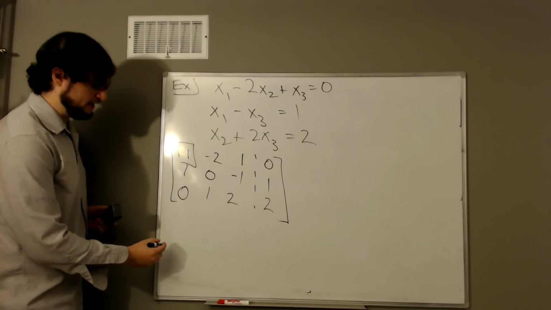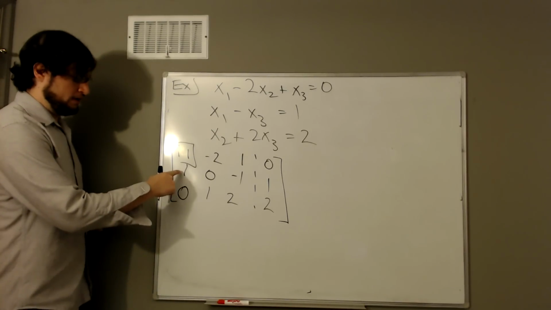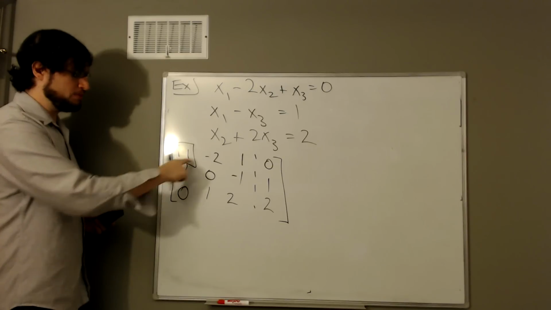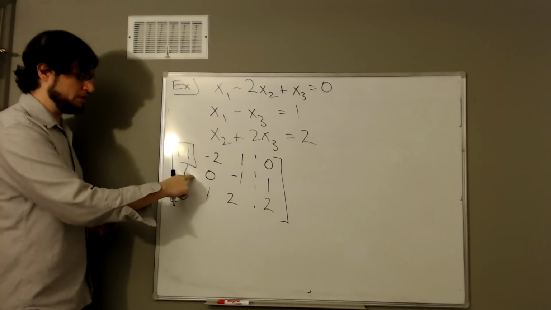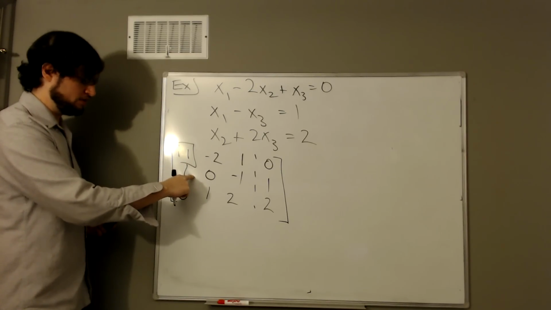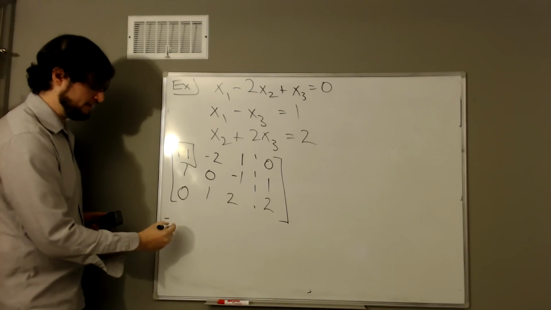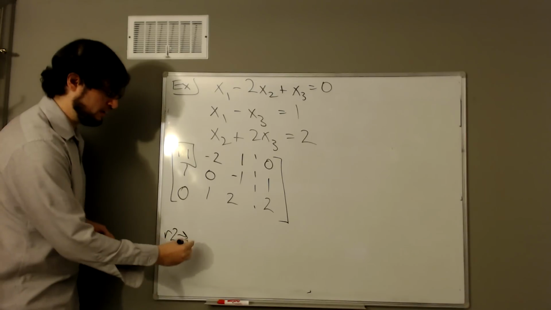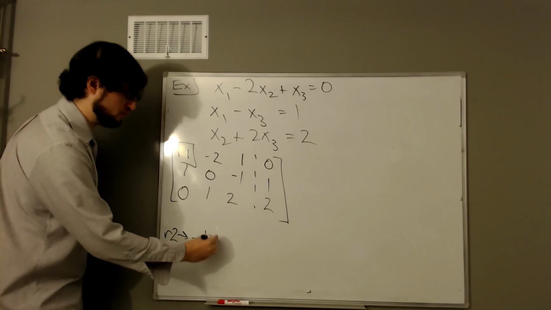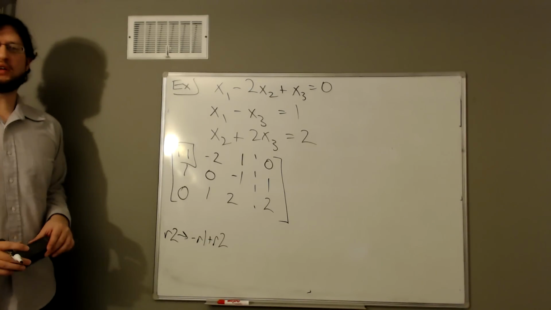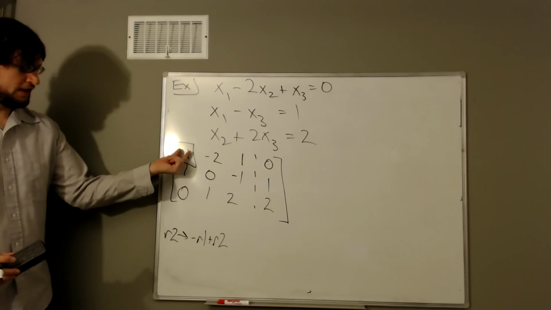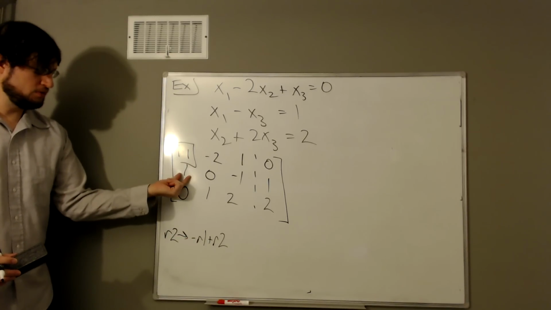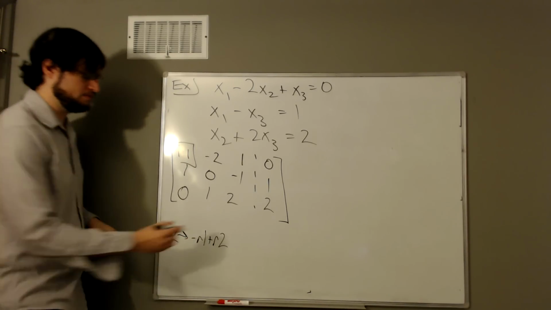And I do that by using my pivot and the row that I'm looking to change. In this case, I'm going to make row 2 become negative row 1 plus row 2. Because if I take negative row 1, I get negative 1 plus row 2, which is 1, and that turns that into a 0.